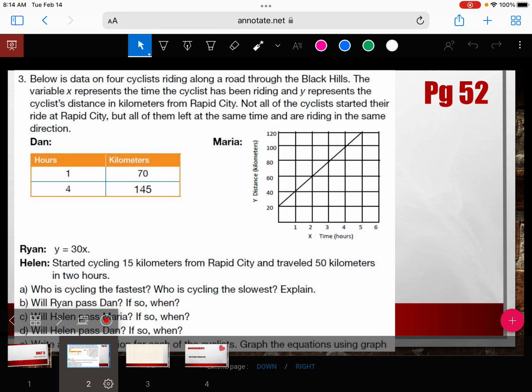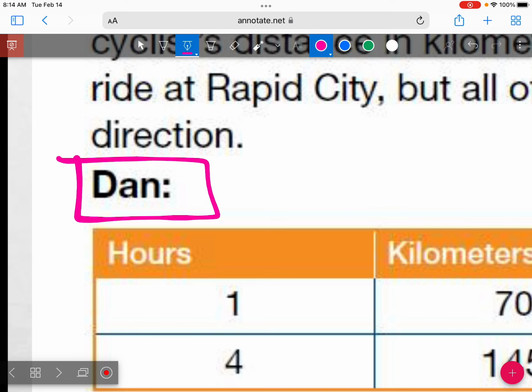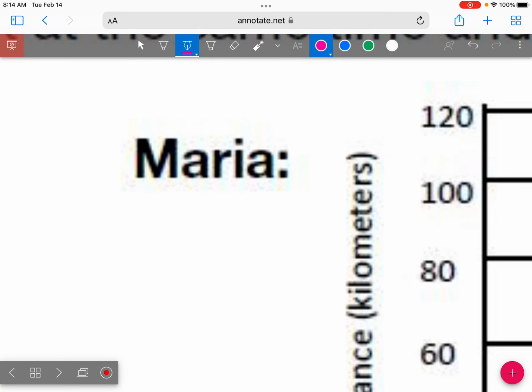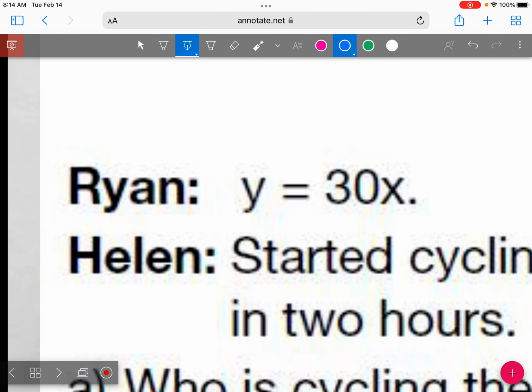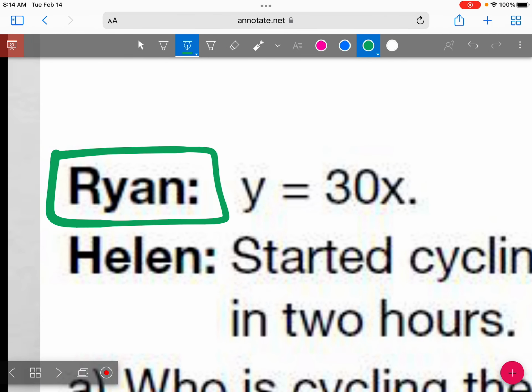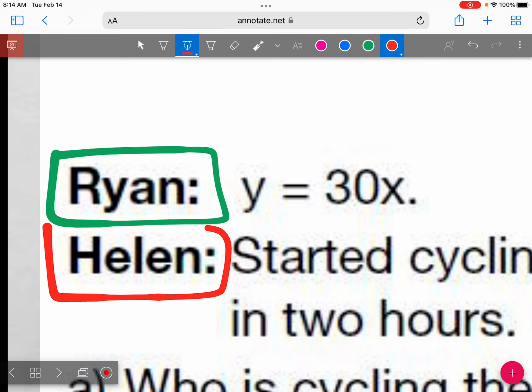And then when you get back to your seat, you're going to take your 4 different colors and make a box around who is what color. So like I'm doing up on the board with my people. And we're going to make Helen orange.